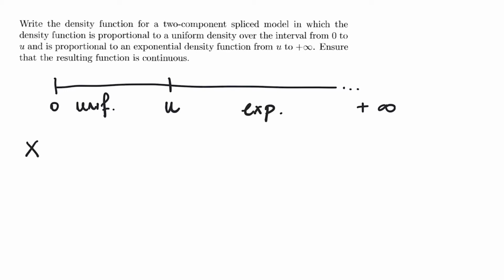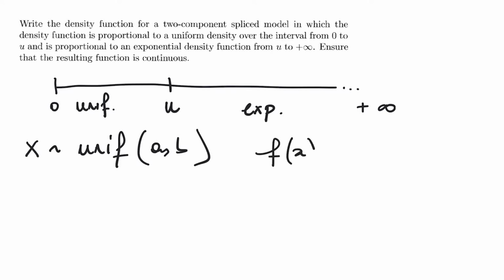Now, the first component is a uniformly distributed random variable, in general on the interval a, b. Now we know that the probability density function is equal to 1 over b minus a for x in between a and b.